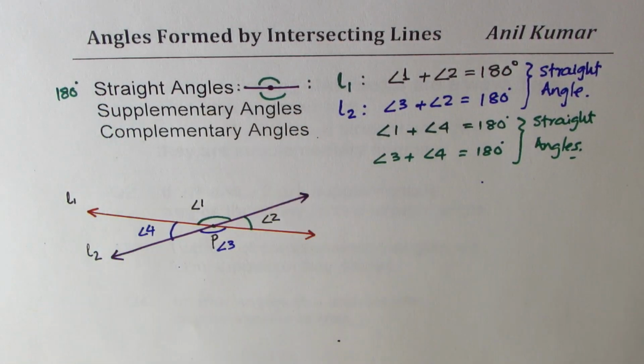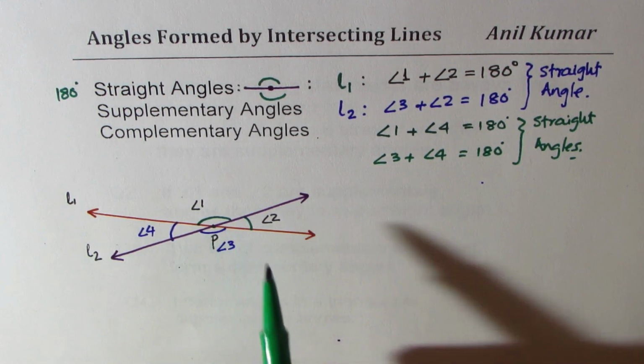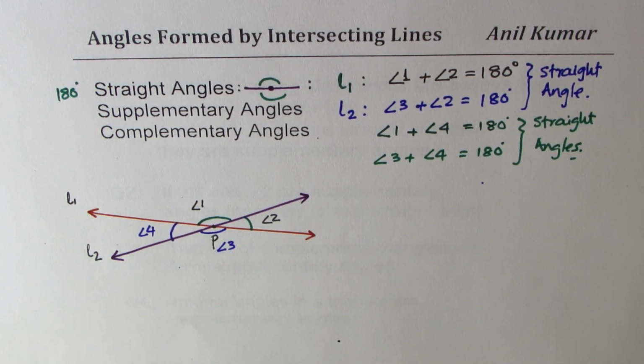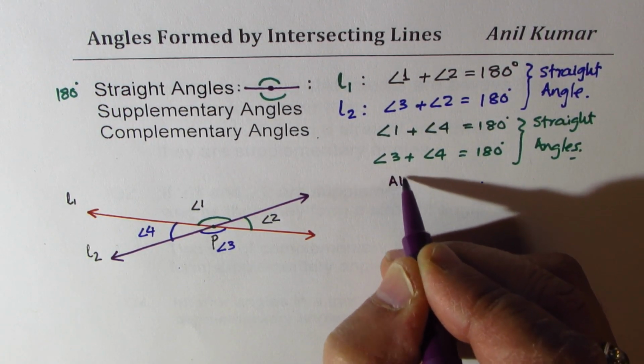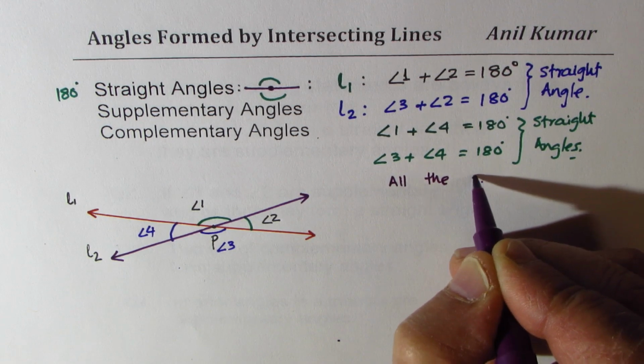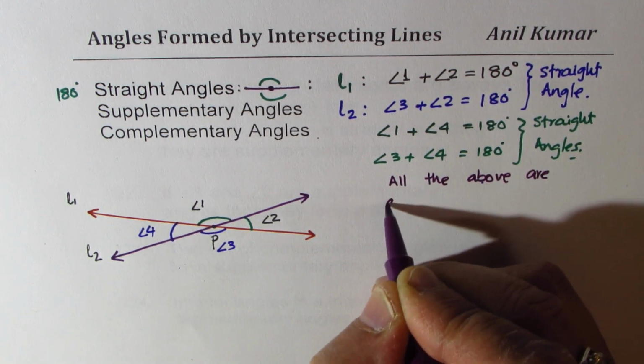Correct? So that is the concept about straight angles. You will see that they are always adjacent, right? So the important thing to note here is that all the above are along a line.